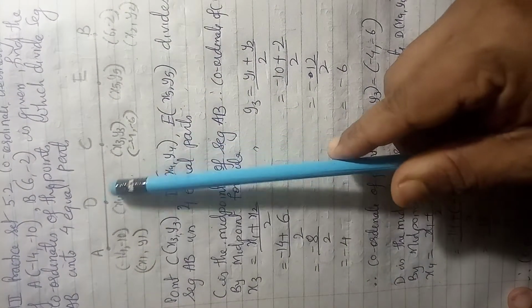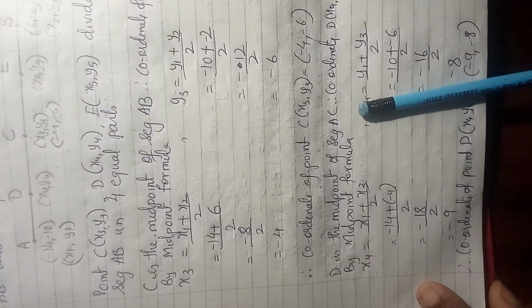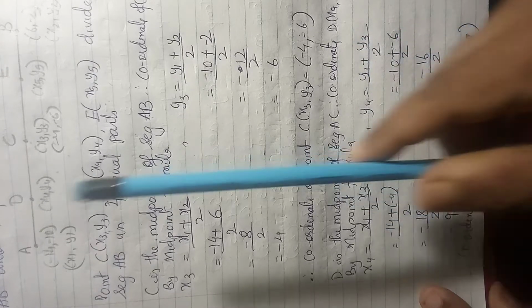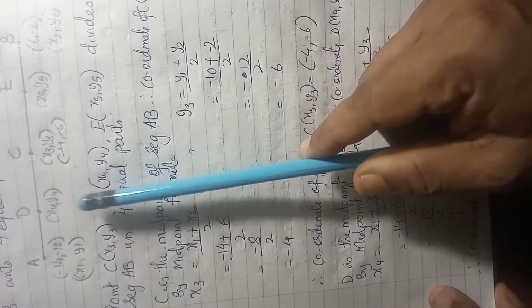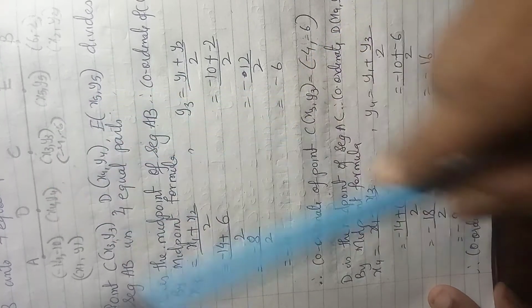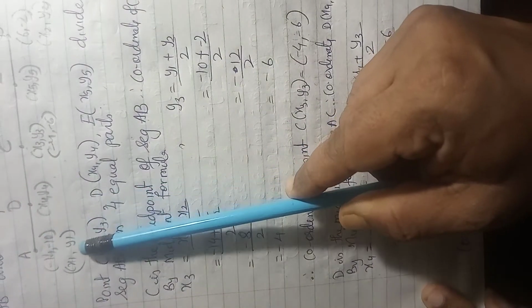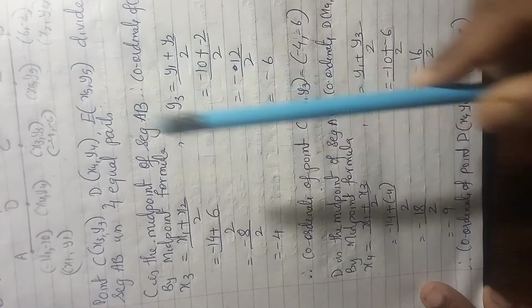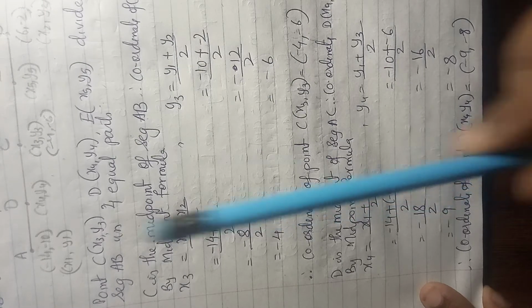Now, D is the midpoint of AC. So again, by using the midpoint formula, we write (x1 + x3) upon 2, (y1 + y3) upon 2. So here, (-14 + -4) upon 2, that is -18 upon 2, which is -9.